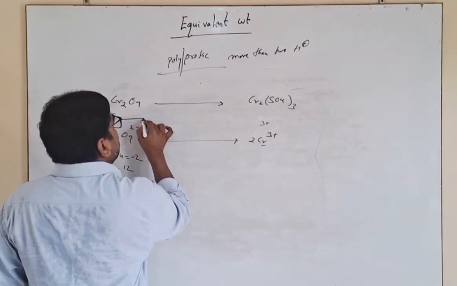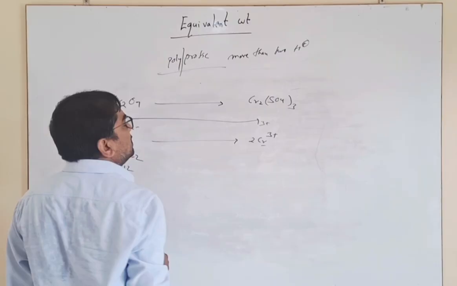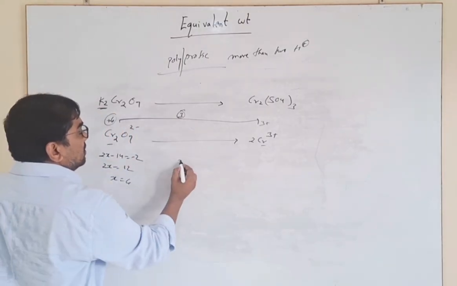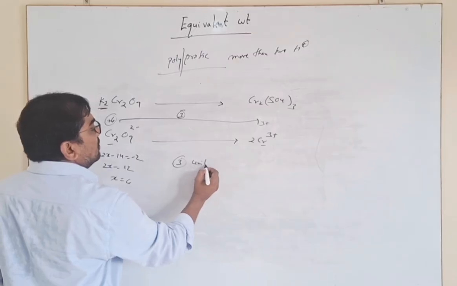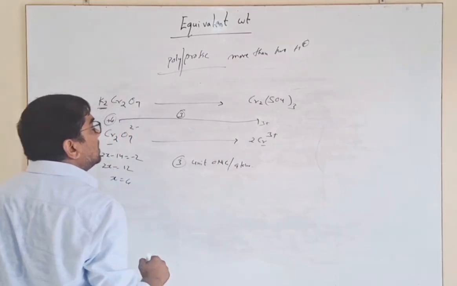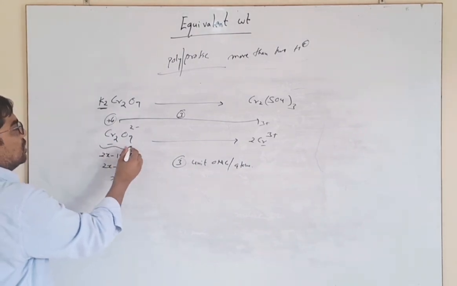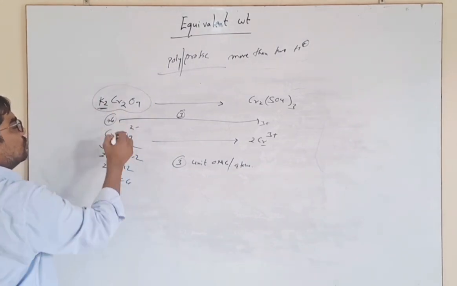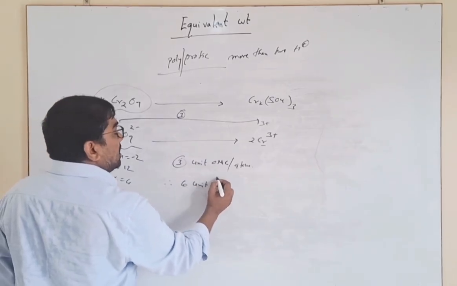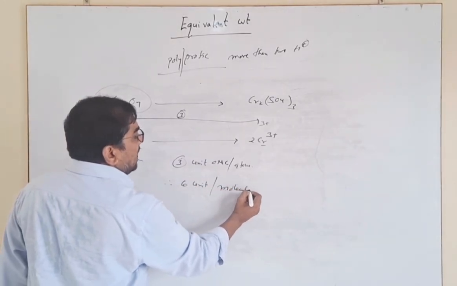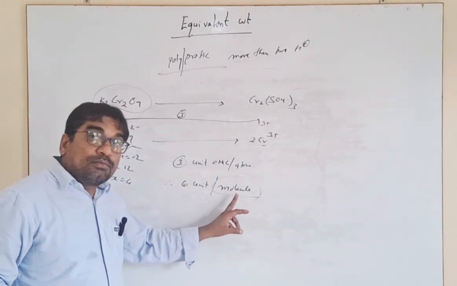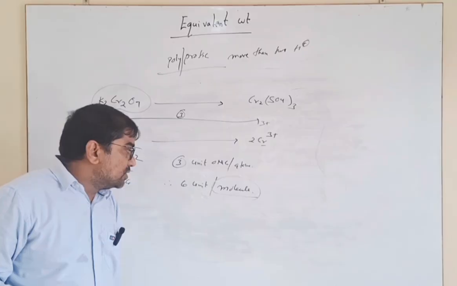So from Cr2O7 to Cr3 plus, the change in oxidation is 3 units, oxidation number change per atom. But since in one molecule of potassium dichromate 2 chromium are present, therefore 6 units per molecule, and we will consider the change in oxidation state per molecule as per the previous equation.